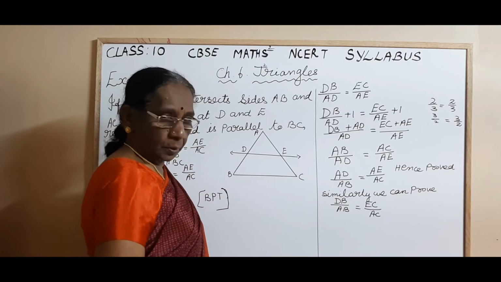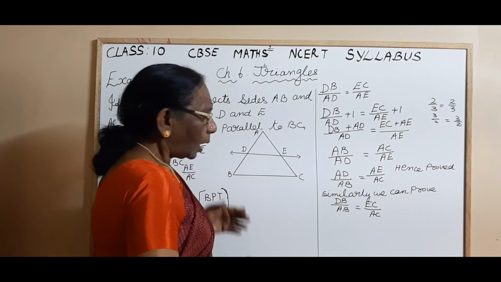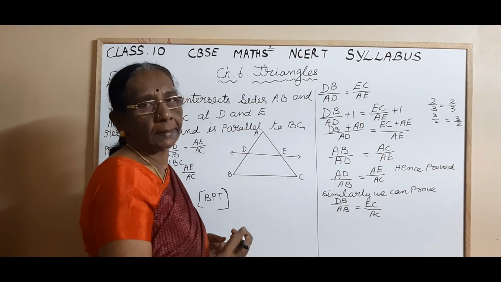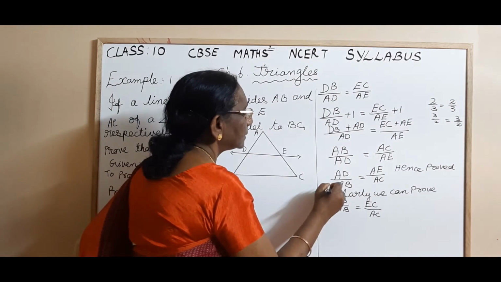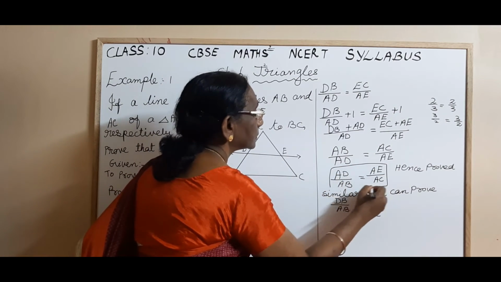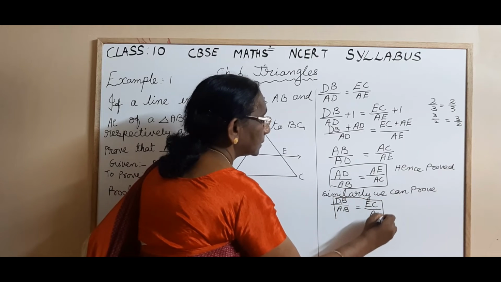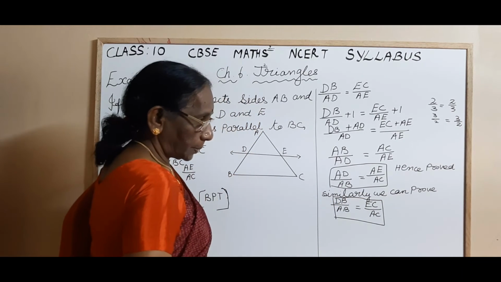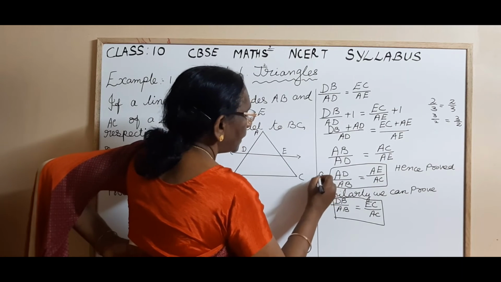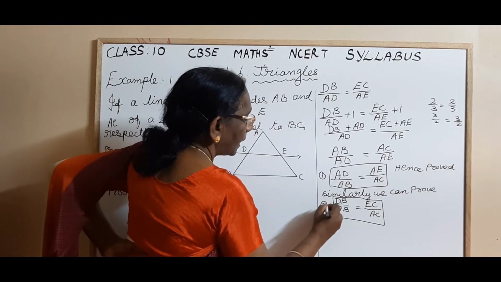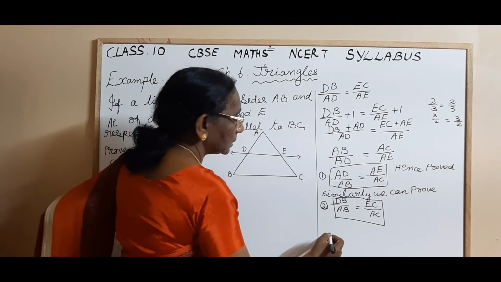Okay, children. So now, why do we need these results? This result and this result and BPT. This is 1, 2, and according to BPT what?